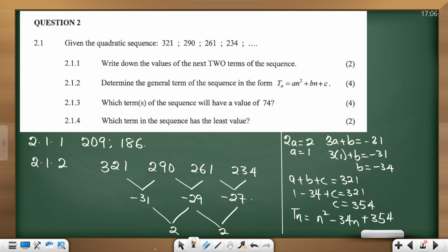Which term of the sequence will have a value of 74? Another 4 marks for free. We're likely to get 2 values. But think of it, it's a parabola. A parabola would have 1 y value for 2 x values.